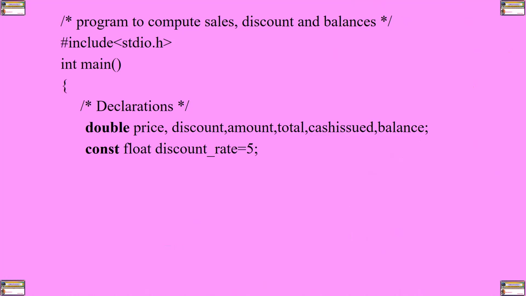Then we are declaring a memory location called discount rate that is supposed to hold a value that does not change, which is 5.